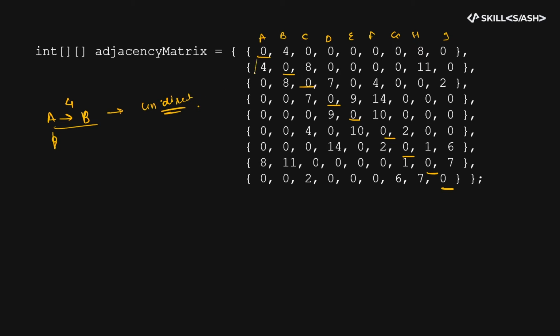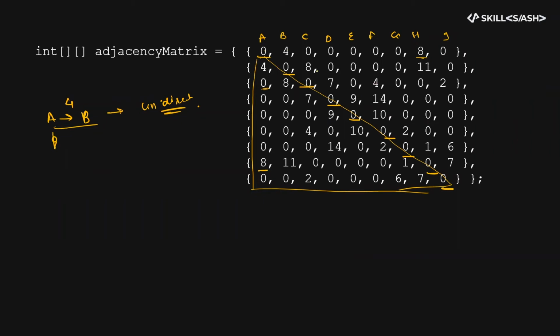Because if you see, the lower triangular matrix is the same as the upper triangular matrix. A to B 4, B to A 4, A to C, let's say nothing is there, so C to A also nothing is there. A to H 8, then H to A 8, right? So it's an undirected graph.